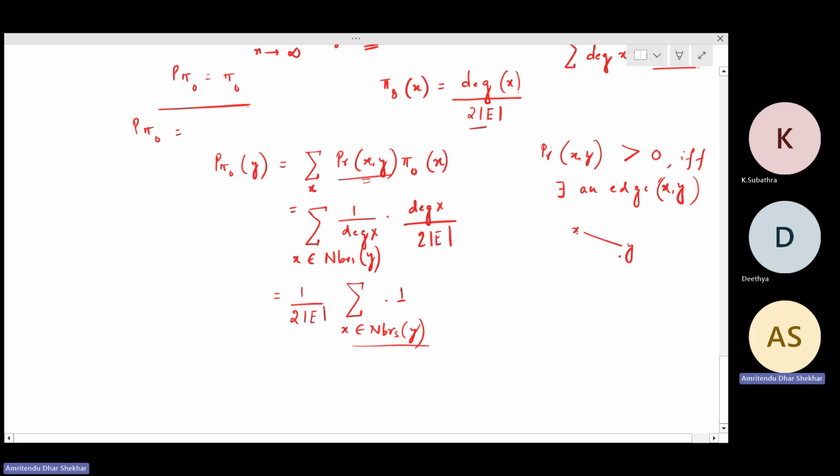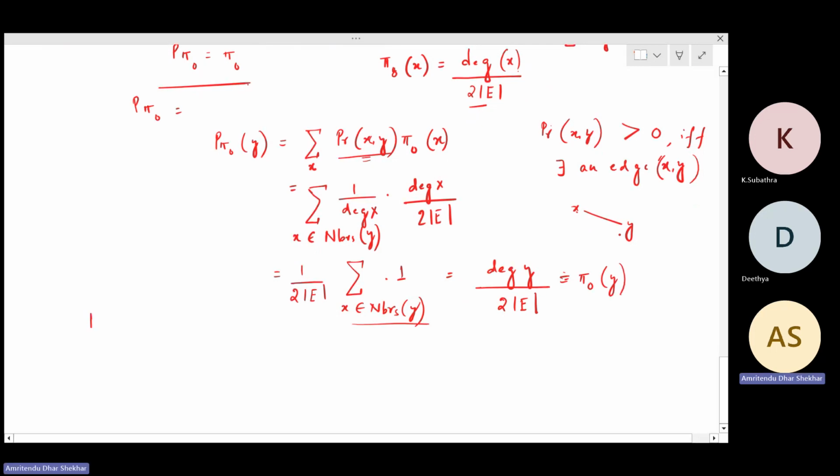The number of neighbors of y is equal to the degree of y. So this is equal to degree of y by twice the number of edges. And this is equal to pi 0 of y. So we actually have P pi 0 is equal to pi 0. So actually the distribution of this Markov chain is stationary from the first step itself.